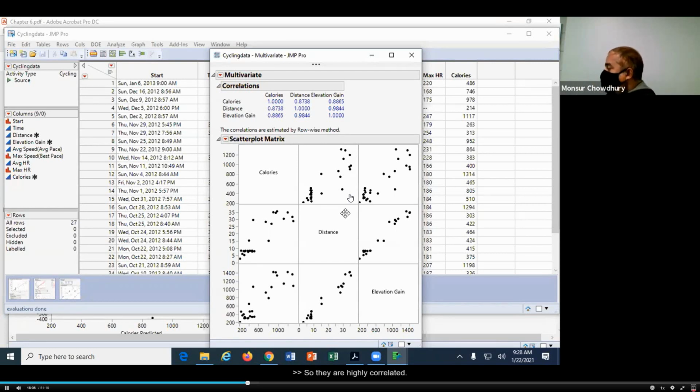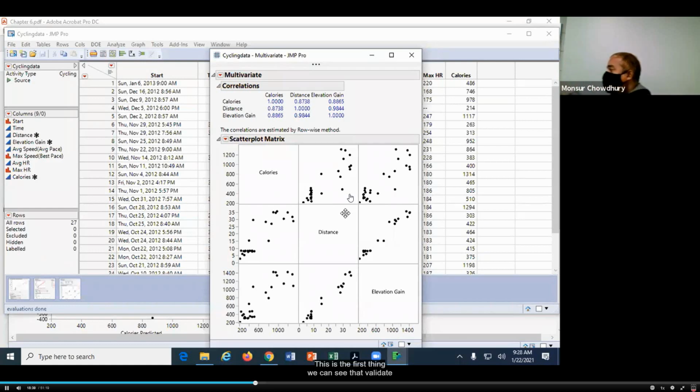So they are highly correlated. That means there is a strong positive correlation between the predictor and the response variable. What about the correlation between the two predictors? It's highly correlated. We can see that the distance and elevation gain are highly correlated, very close to 1, at 0.9844. So high correlation. That means we have redundancy.